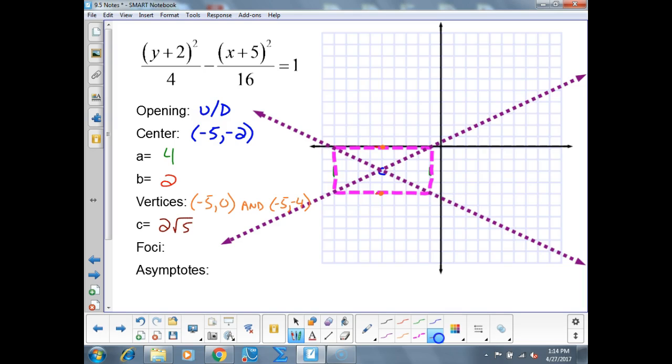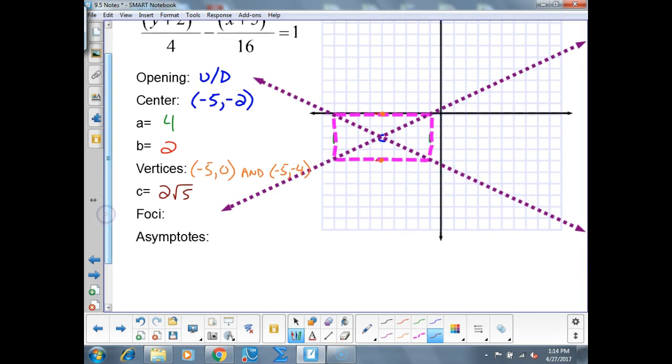Well, it doesn't matter. So in this particular case, since it's opening up and down, the foci would be at -5, comma -2 plus 2 square roots of 5, and -5, comma -2 minus 2 square roots of 5. 2 square roots of 5 is what? 4.5-ish, somewhere in that range.